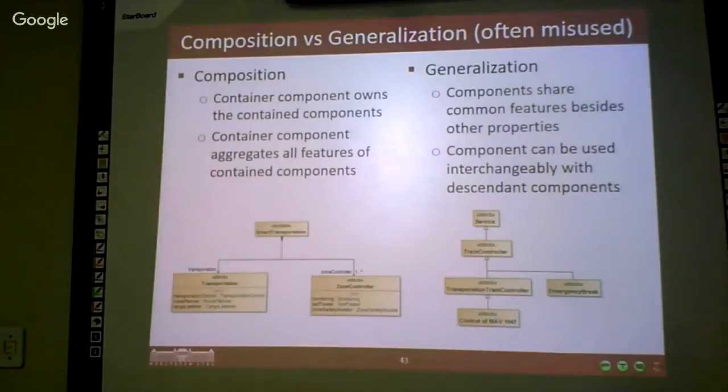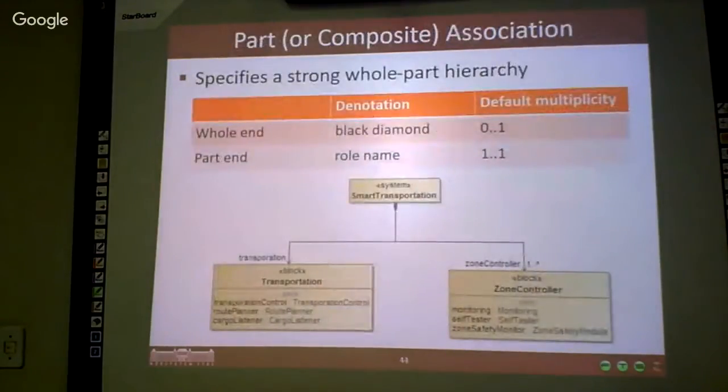And we can have composition when the container component owns the contained components, and it aggregates all features of the contained components. And you can also use generalization similarly to UML, to what we learned in our last lesson. So generalization means that the components share common features besides other properties, and components can be used interchangeably with their descendant components.